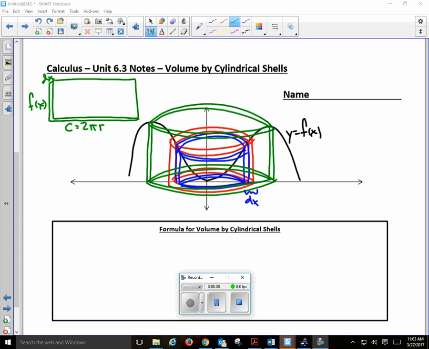Now, what variable do you think we have to use for radius? x. So if you look at this point on that rectangle that we located right there, that has a coordinate of x, f of x. Does everybody agree that f of x refers to the height? Well, the x value is going to refer to the radius.